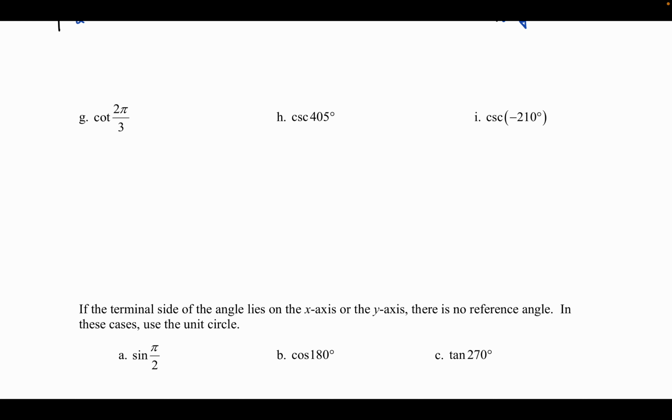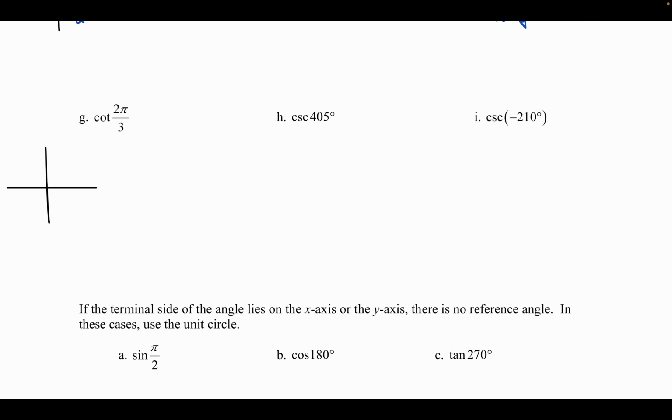All right, moving on, cotangent, we're getting a little more complicated with cotangent. So cotangent, so 2 pi over 3, thinking about the unit circle now, 2 pi over 3, we're going to end up in the 2nd quadrant. So the key thing here is remember you do not want to draw that triangle.